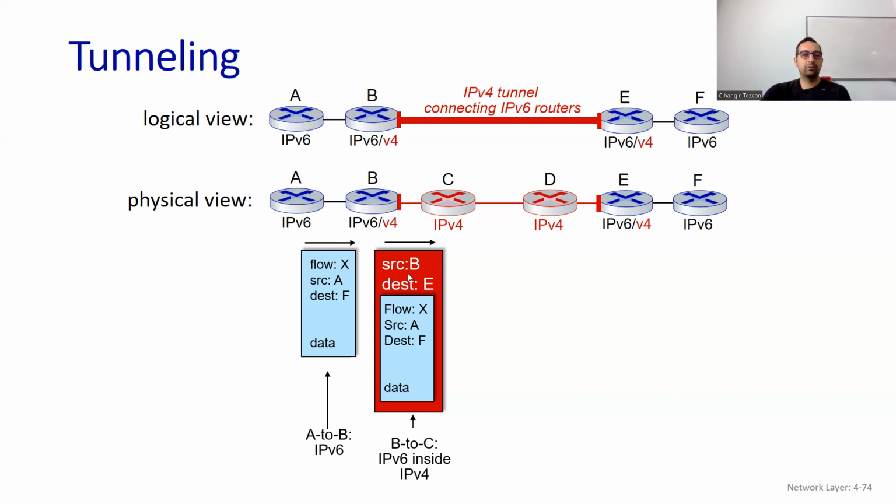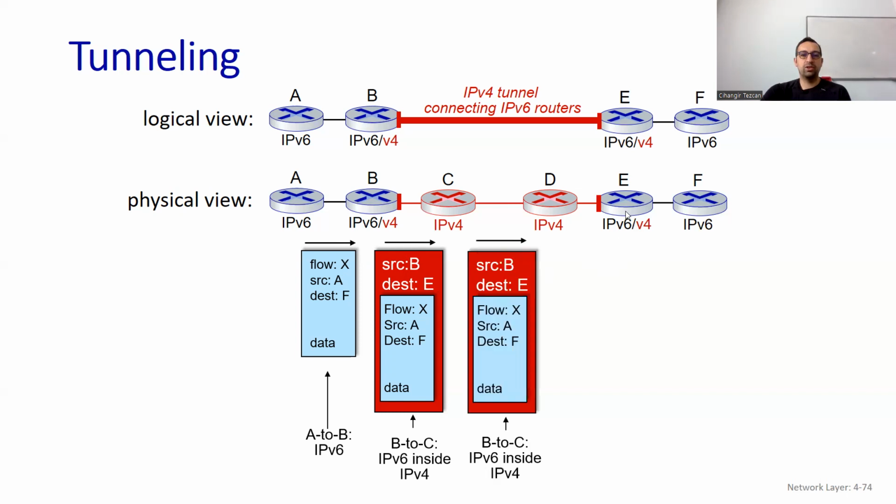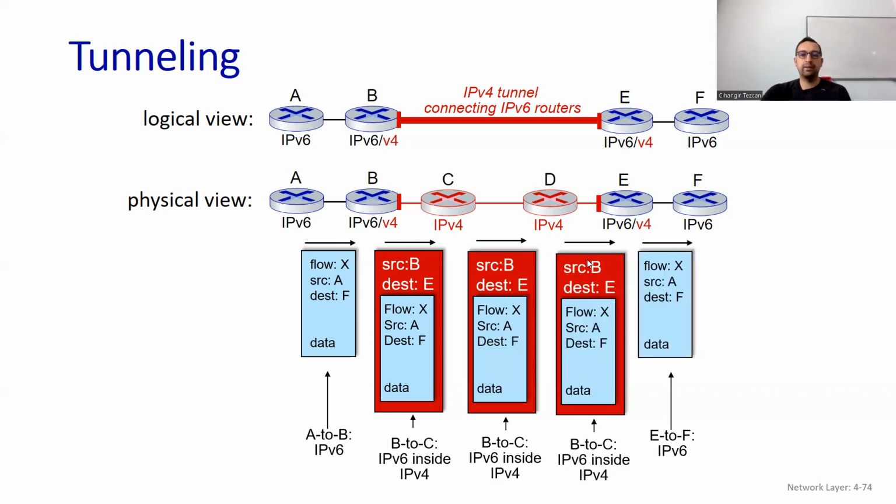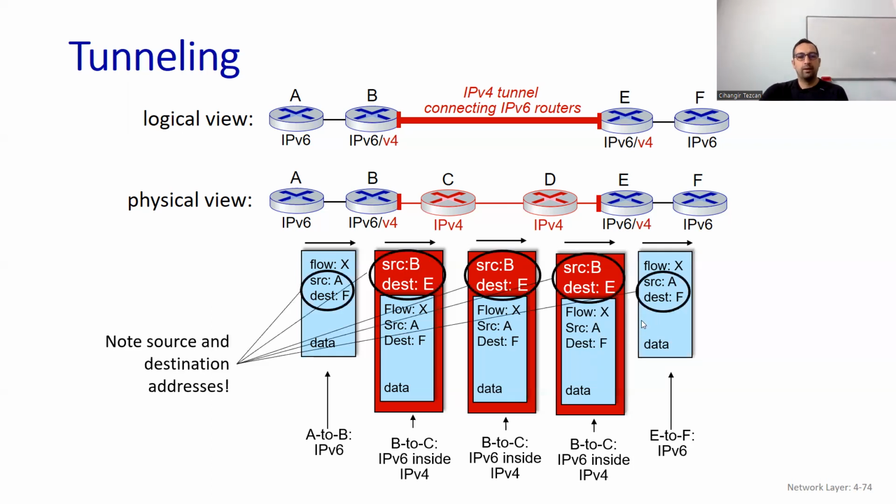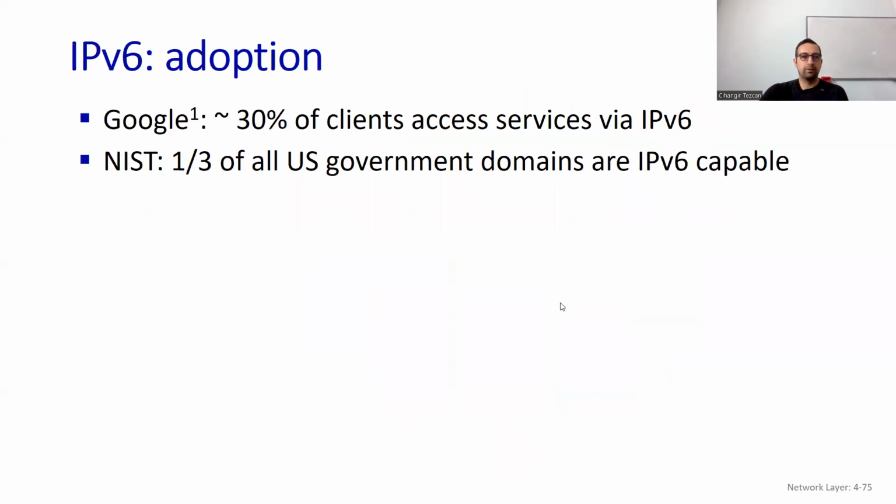But now look at the source and destination. Now the source looks like B and destination is E, right? Because at the destination E, the router will remove this IP version 4 packet and take this IP version 6 packet and send it to F, because there the destination is F. Yeah, note the source and destination addresses. This is how we deal with tunneling in the real world.